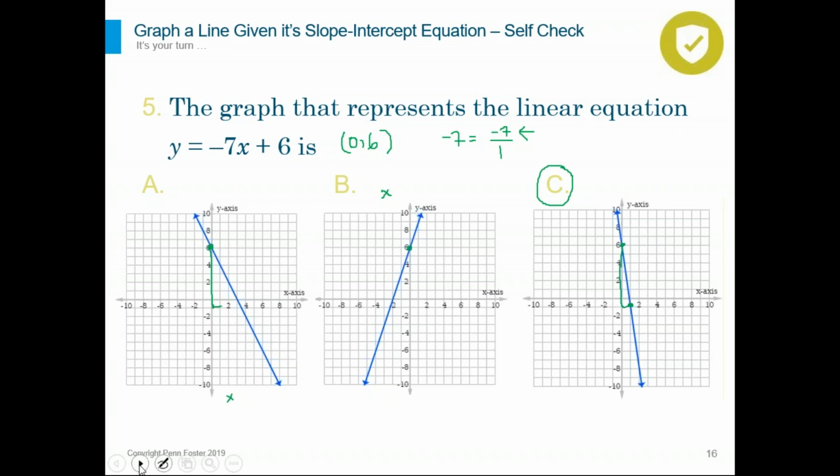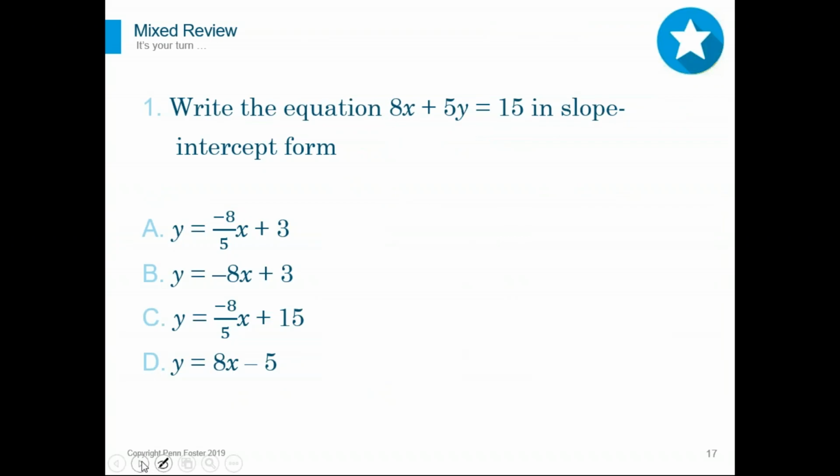Okay, let's do a quick mixed review, 5 questions. Write the equation 8x + 5y = 15 in slope-intercept form. To remind you, slope-intercept form, the only equation we're going through in this webinar, is y = mx + b. How can you change this equation to this form?